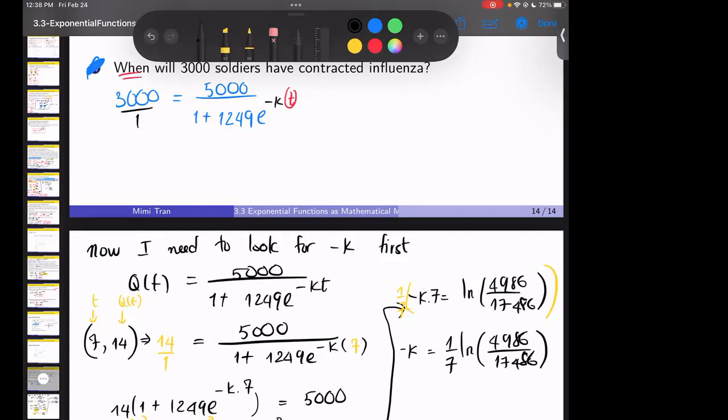Negative K, no, we just solved it. I haven't plugged it in because I don't want to. It's too much writing. We plug it in at the end. No, we solve for t. Right now, we're solving for t.